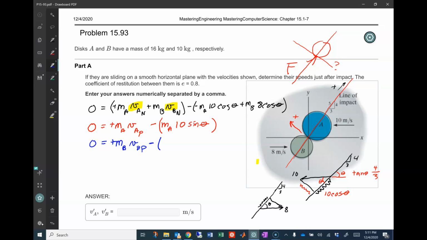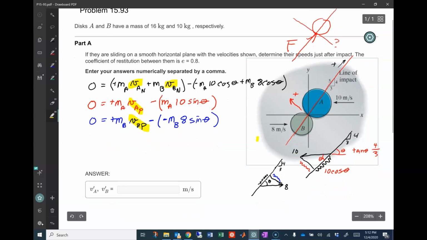Minus the momentum in the plane of B, that would be this piece right here, so that would be mB times 8 times the sine of the angle. And he's pointed down in the negative, so he's a negative there. Now I've got 2 unknowns already identified. I don't know this one, and I don't know this one. So now I've got 4 unknowns and still only 3 equations.